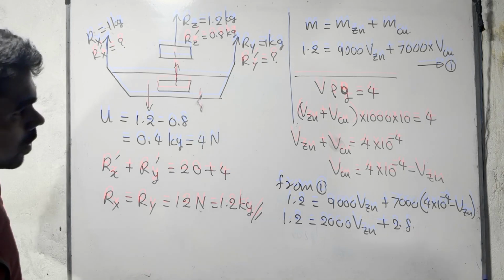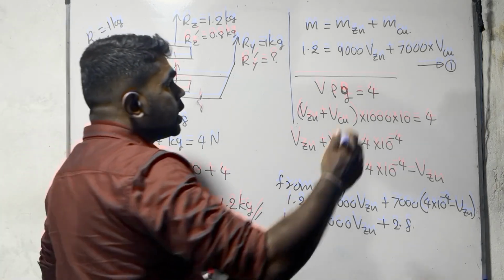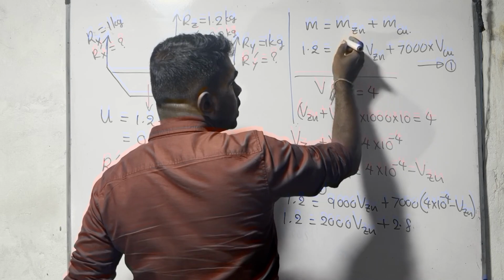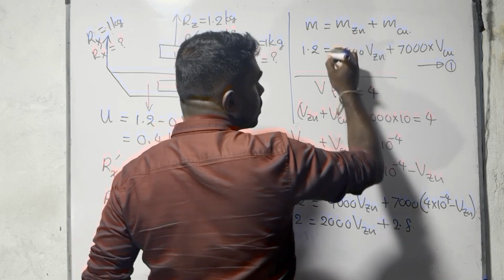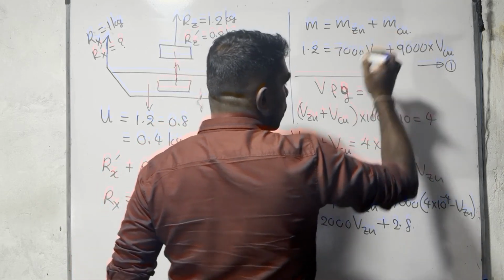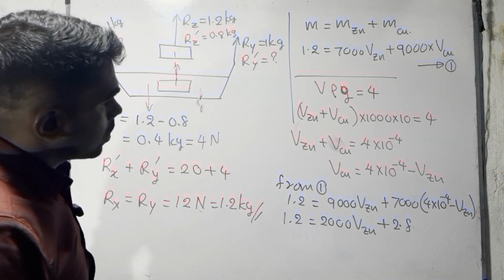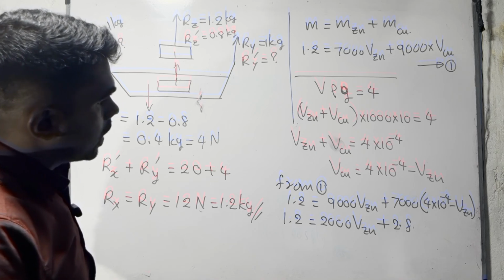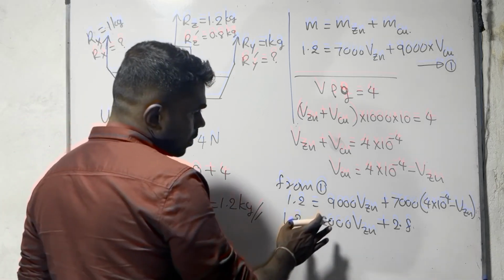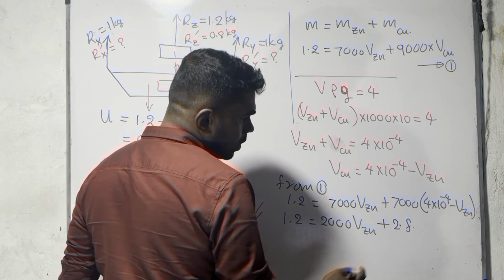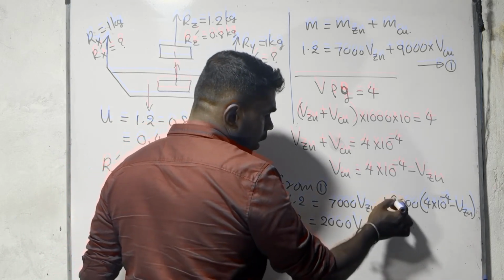Now, I have considered the densities the opposite way. Zinc density is 7000, copper density is 9000. Then this one is 7000, this one is 9000.